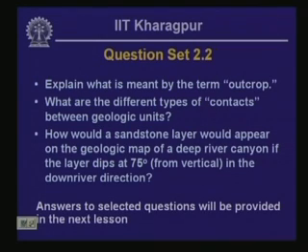The questions are: the first one, what is meant by the term outcrop; then, what are the different types of contacts between geologic units; and thirdly, how would a sandstone layer appear on a geologic map within a deep river canyon, where the layer dips at a 75-degree angle from the vertical in the downriver direction.